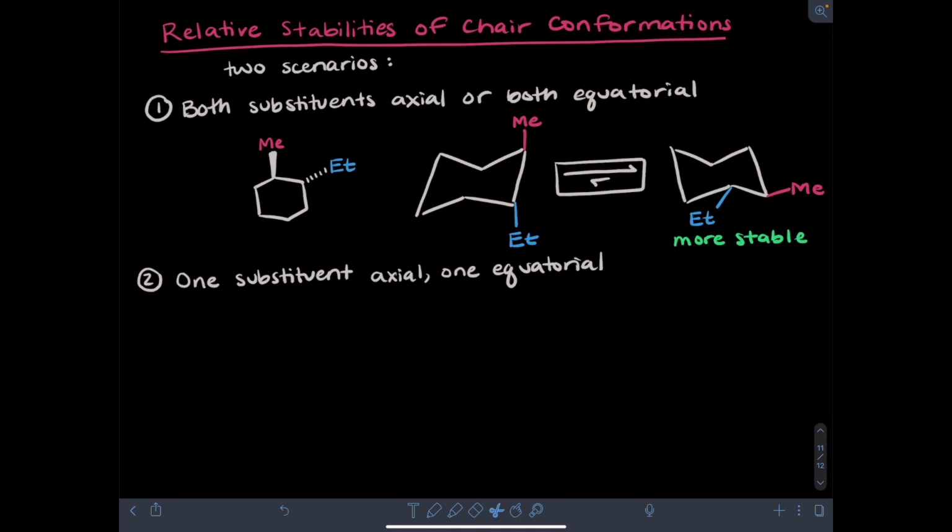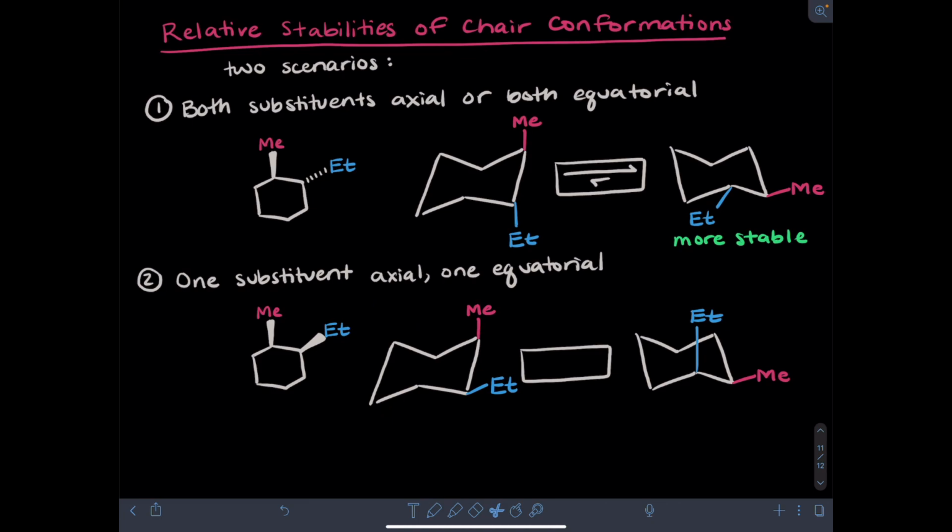A situation that will require more nuance and thinking about substituent sizes is if you have 2 substituents, and in each chair conformation, one of them is axial and the other one is equatorial. Here's an example where this will be the case. I have a wedged methyl next to a wedged ethyl group.